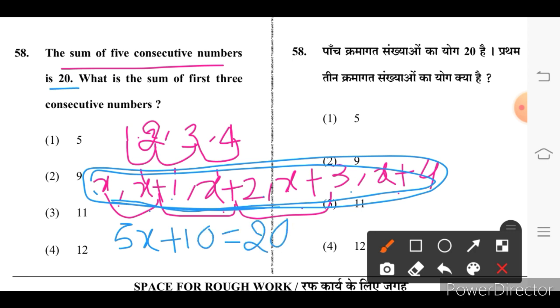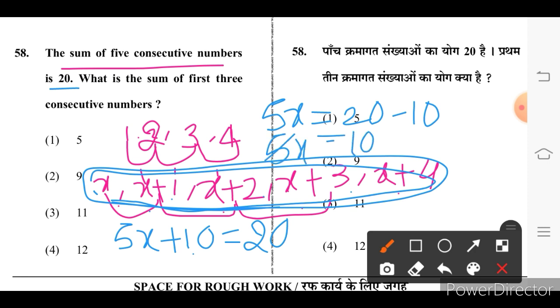The value is 20. So 5x is equal to 20 minus 10, which is 10. Cancel the 5, so the x value is 2.